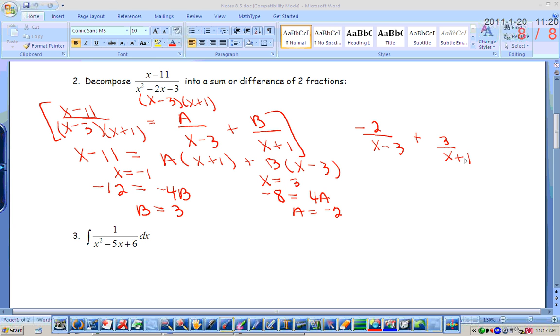All right, so on number 3, we're actually going to integrate it. Are y'all ready to decompose it into your partial fractions by yourself?